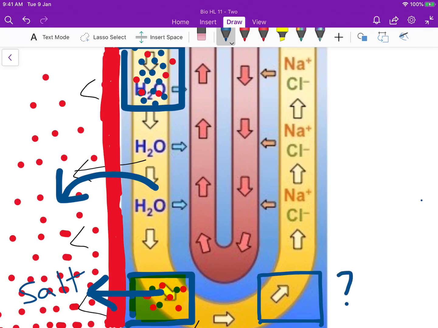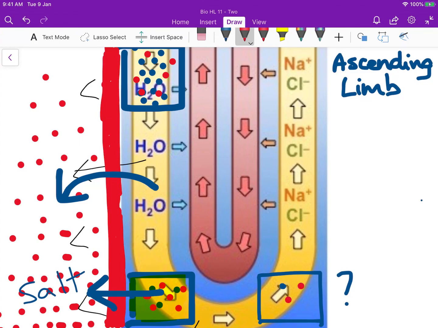So what's going to happen by the time it reaches here? It's reached the very bottom and now it's starting to go up the ascending limb. What's going to be here? Well, we're going to have almost, and I'm just going to draw one, almost no water. We've absorbed so much water that really all that's left is a very salty solution.